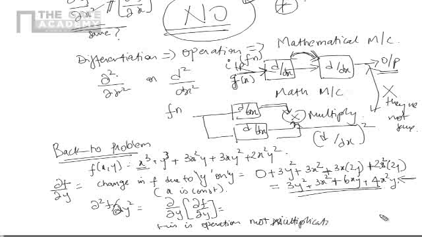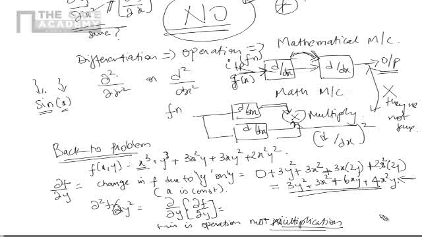Please remember: multiplication is different, mathematical operation is different. For example, sine of x is not sine multiplied by x. It is the variable x operated on by the function sine. Like that only, it is the variable ∂f/∂y operated on by ∂/∂y. So it is not multiplication here.